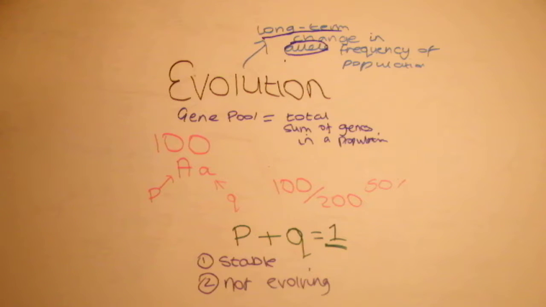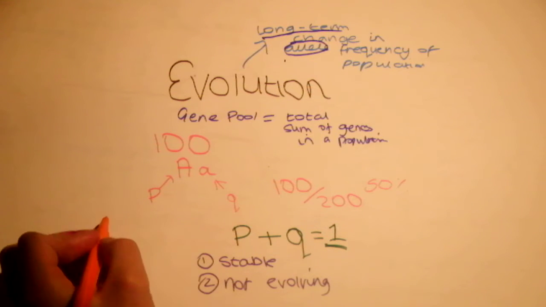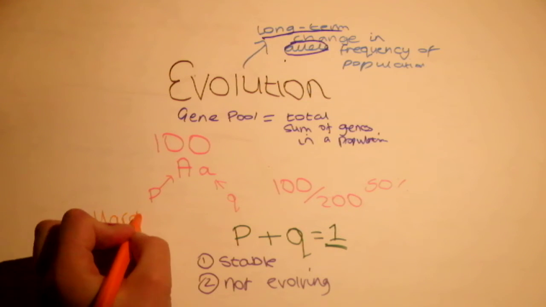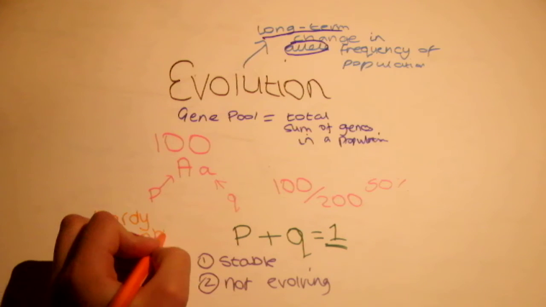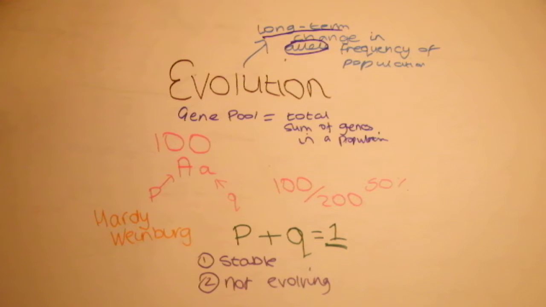There are always threats and environmental changes, so there are always disturbing factors in real life. But this principle helps measure the evolutionary changes. So that's the Hardy-Weinberg principle: P, the dominant, plus Q, the recessive, always equals 1.